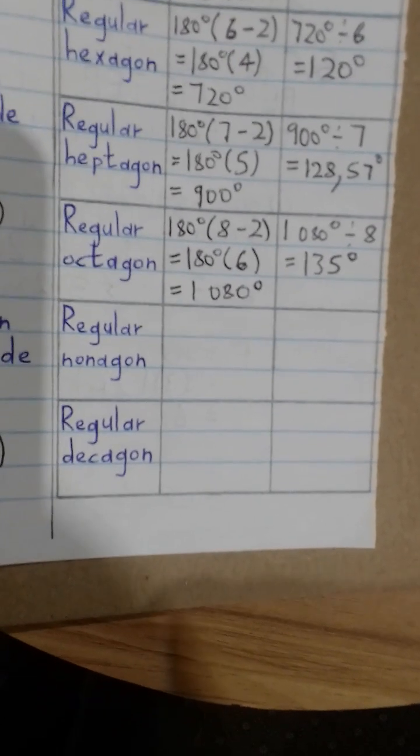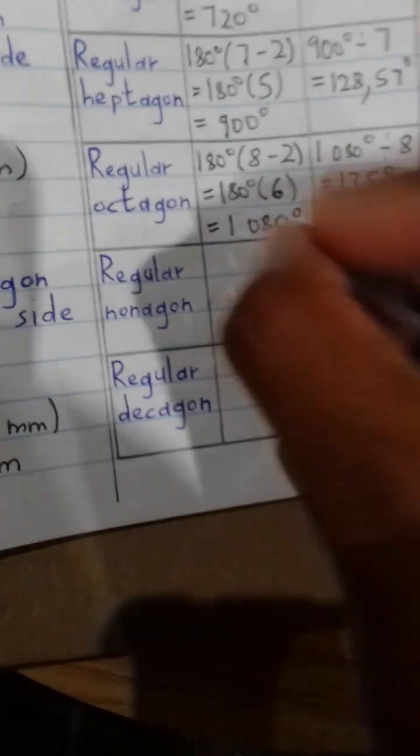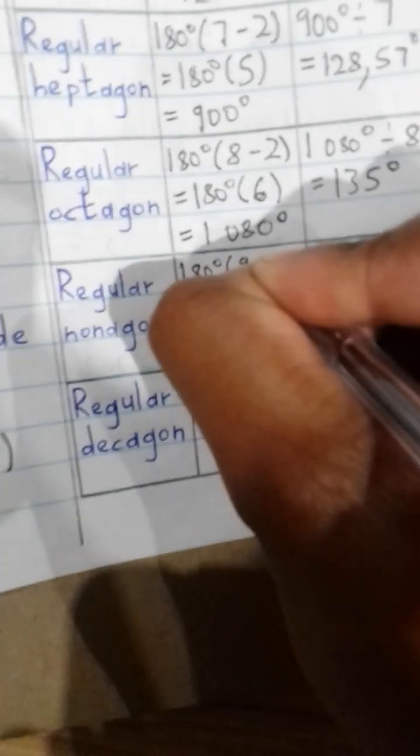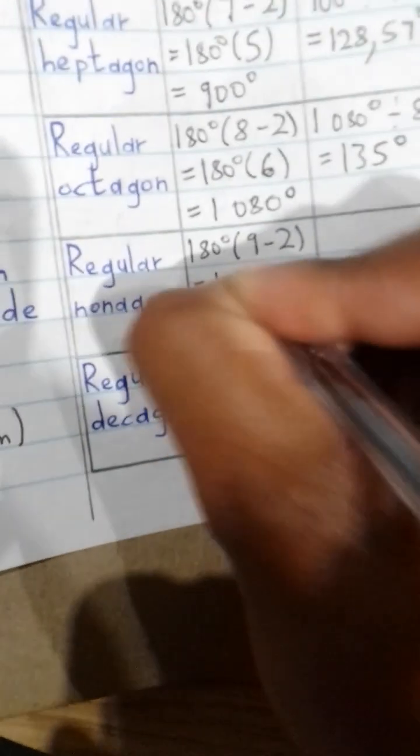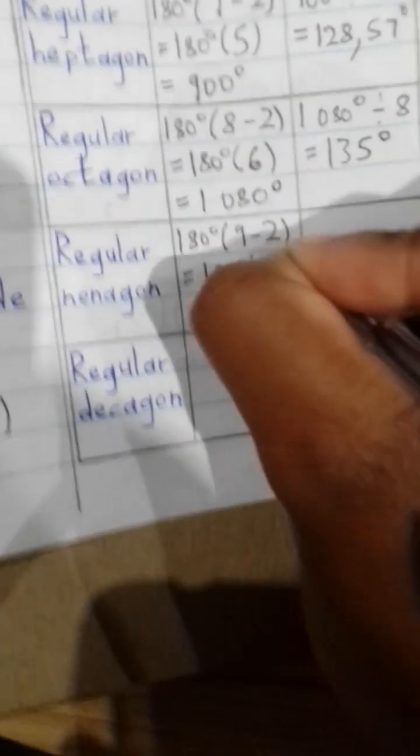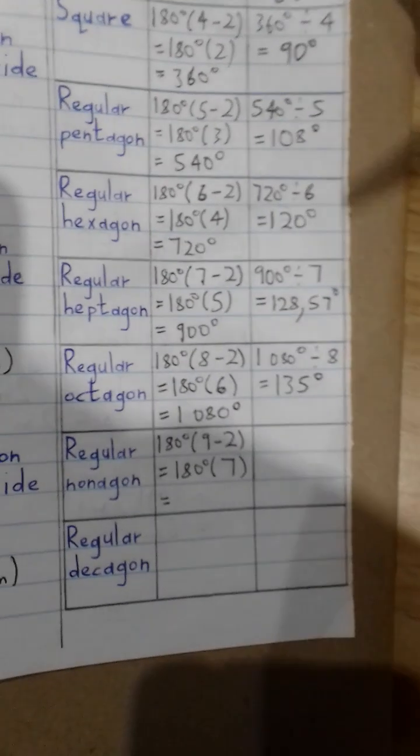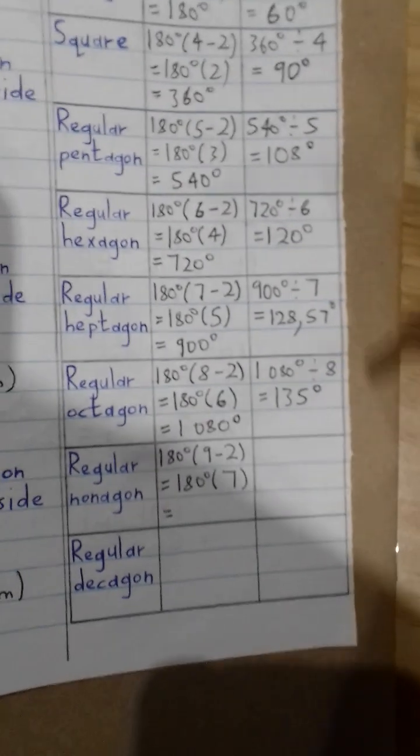Regular nonagon, the sum of the interior angles is going to be 180 degrees times 9 minus 2, so 180 degrees times 7, which is 1260 degrees.